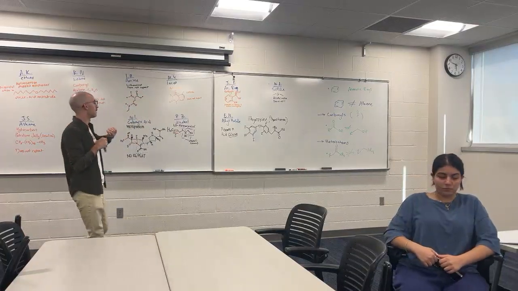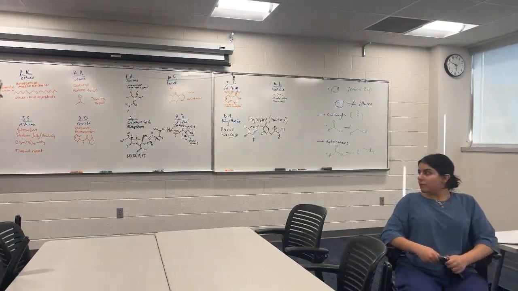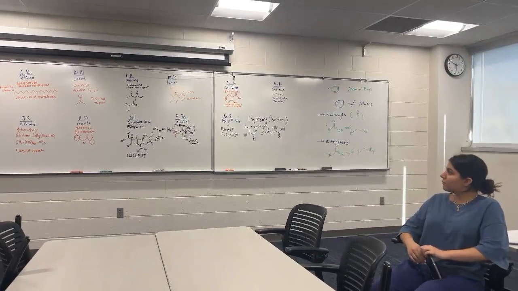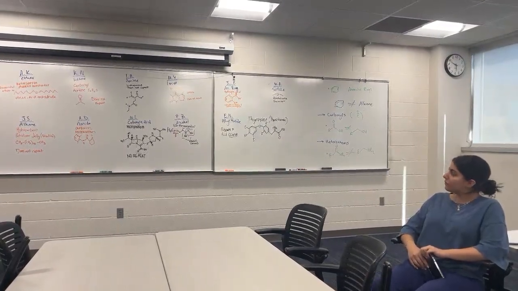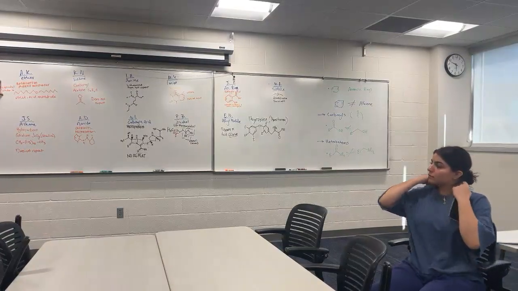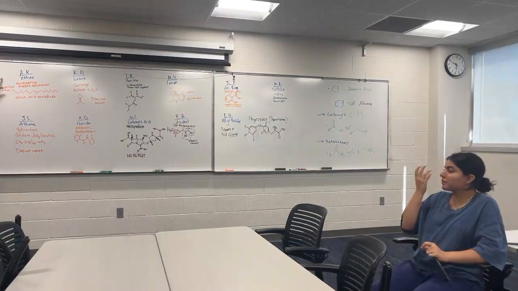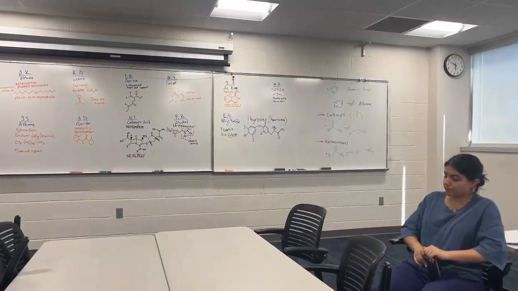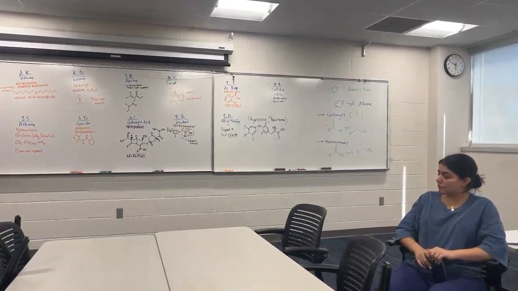So let's start up here and look at Alyssa and Kira's compound. You picked dicaprylyl ether, which is a terrible name. This part, not your fault, sorry. This part, caprylyl, is not systematic, it's common.